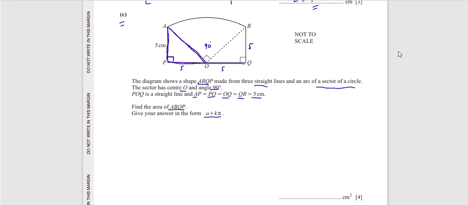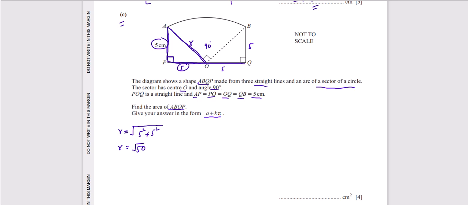So let us consider this one is R. So R is equal to, using the Pythagoras theorem, R is equal to 5 square plus 5 square, like this. So R is equal to square root 50.